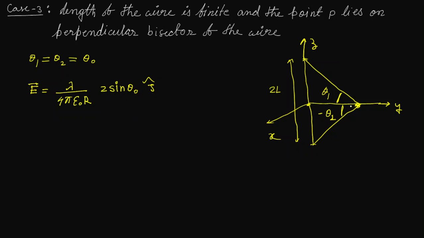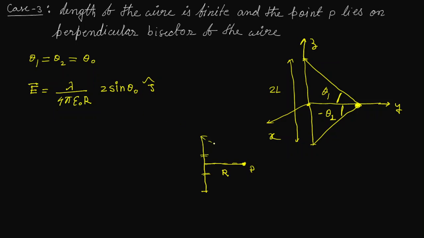So in this case, the electric field at this point at a distance r on the y-axis will be this much. In general, if I consider a wire like this, and at a perpendicular distance I consider a point P, and this point is on the perpendicular bisector, that means this line divides the wire into two equal parts, then at a perpendicular distance r from the wire, the electric field at this point will be this much.